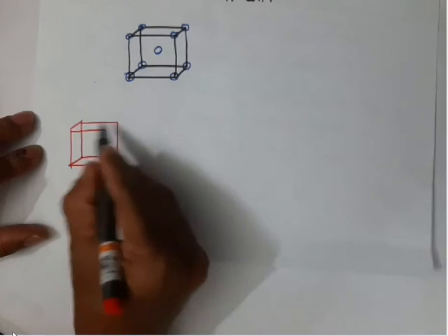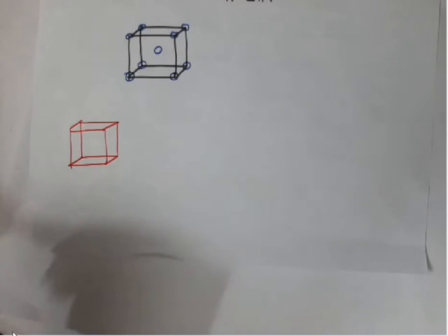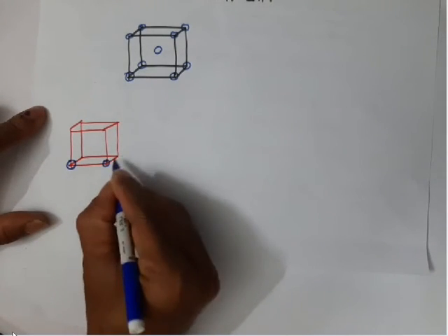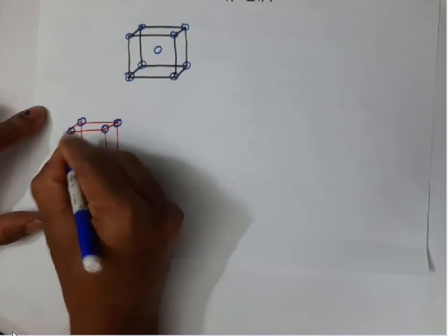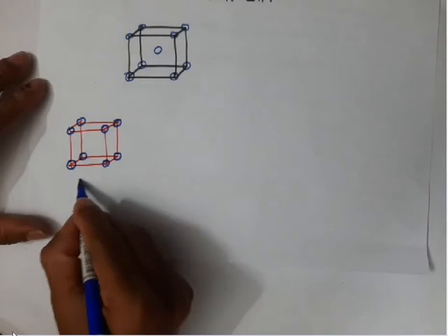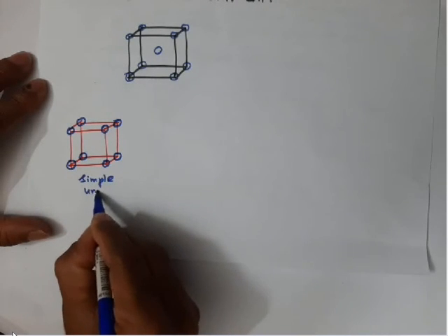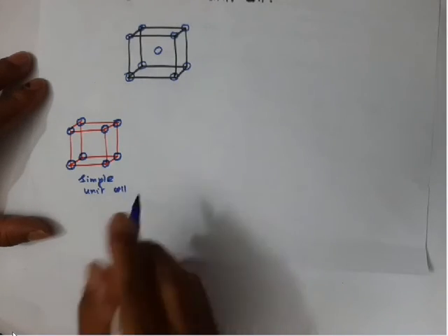I have told you in primitive unit cell only the corners are occupied by particles. Particles may be atoms, molecules, or ions, right? You know that. So this is primitive or simple unit cell. Primitive is also called a simple unit cell.